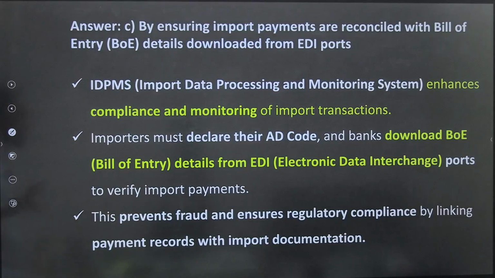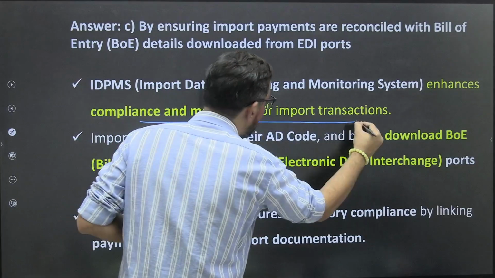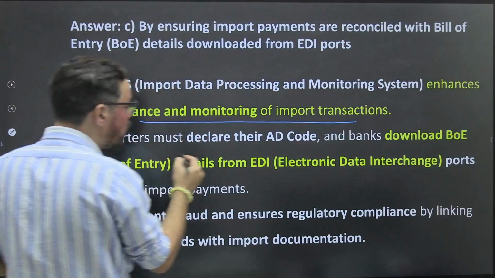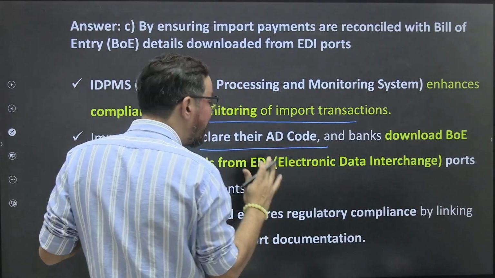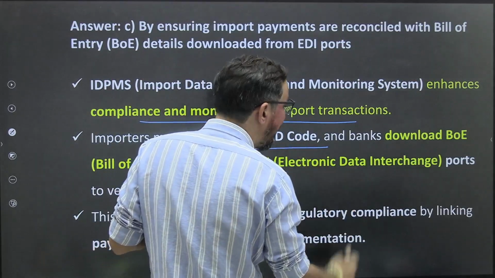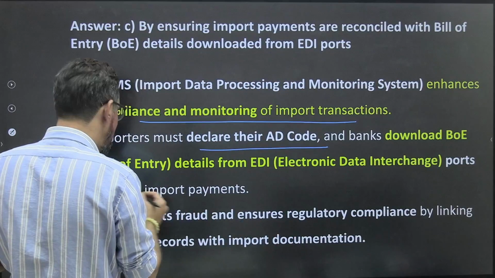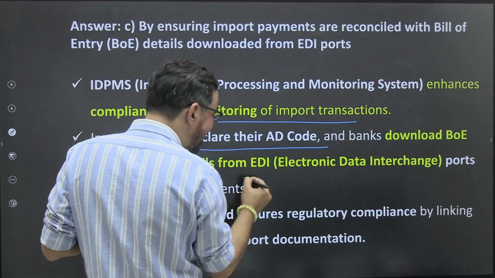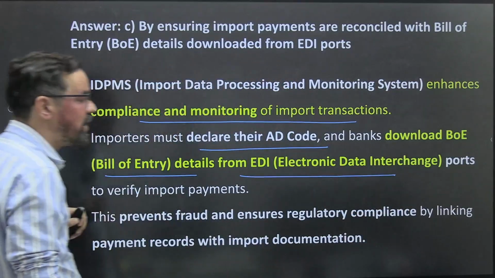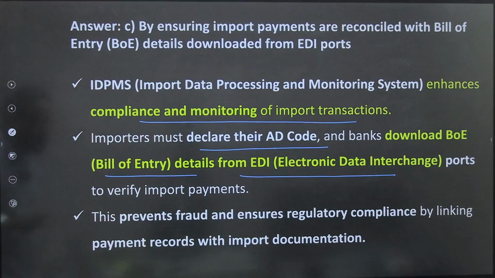Okay. We have discussed EDPMS or IDPMS in the past also. Okay. So IDPMS enhance compliance and monitoring of import transaction. Importer must declare their authorized dealer code and bank download BE bill of entry detail from electronic data interchange port to verify the import payments.